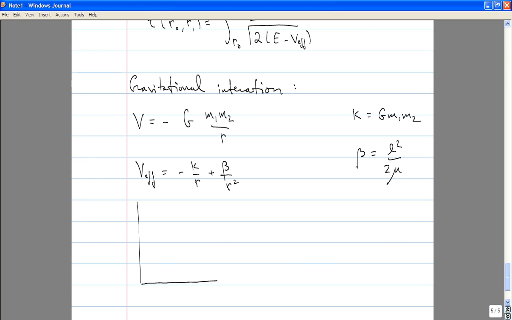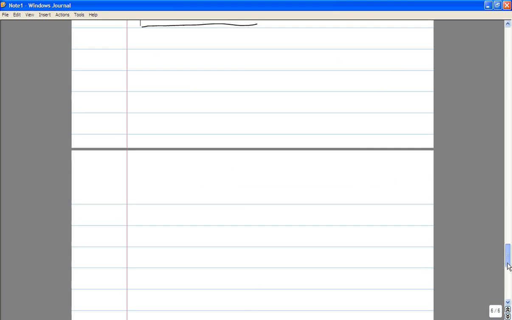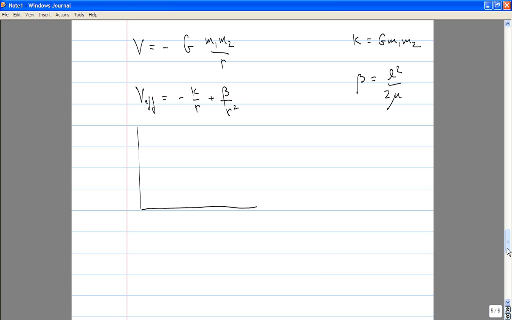Well, if I graph the effective potential as a function of r, at very small values of r, the 1 over r squared term will be big, so it'll be large and positive. It'll decrease as a function of r till you get to some point where those two terms will be of the same size, at which point the potential will turn over and approach zero at large distances.